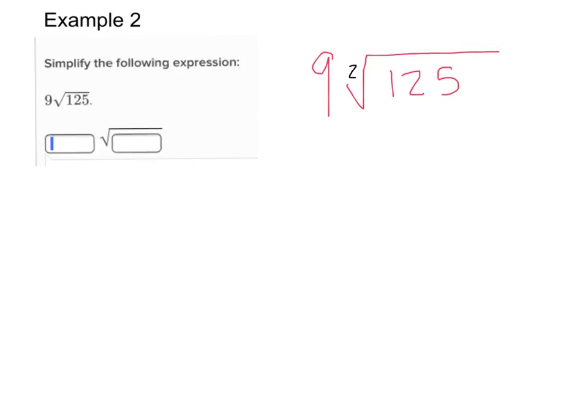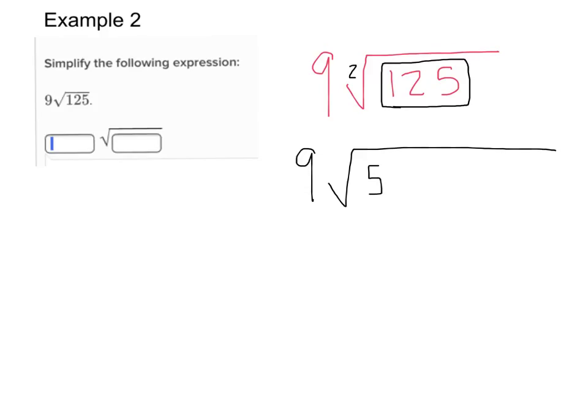And so what I need to do is I need to break 125 down into a product of primes. So I've got 9, and I think, what goes into 125? Well, 5 does. So I've got 5 times 25 is the same thing as 125. And look right here. 25 is a perfect square.